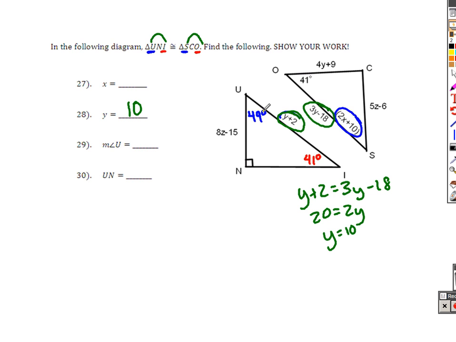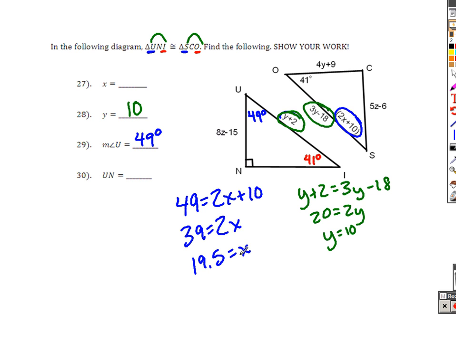That's what angle U is. Since I know U and S must be the same, I now know that 49 equals 2x plus 10. I can solve that. 39 equals 2x, which means that 19.5 is what x would be here.